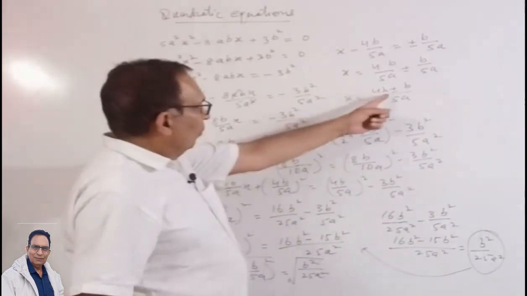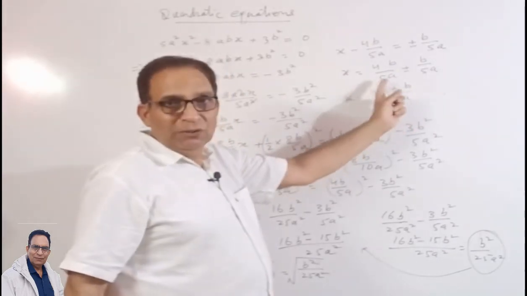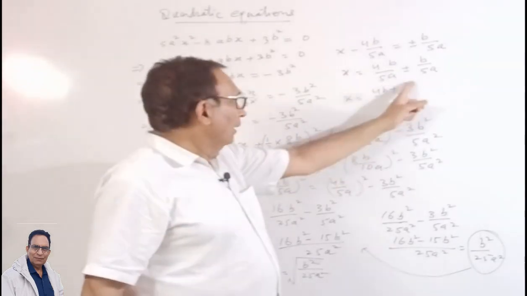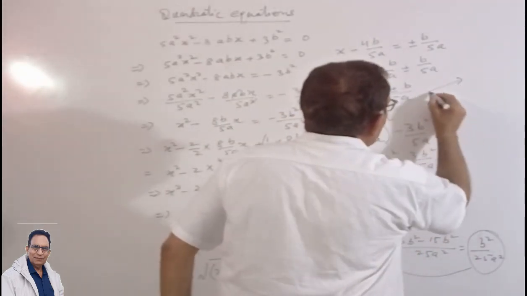So once you have to add these two, and second time you have to subtract the second from the first. So you will be having two values of x.